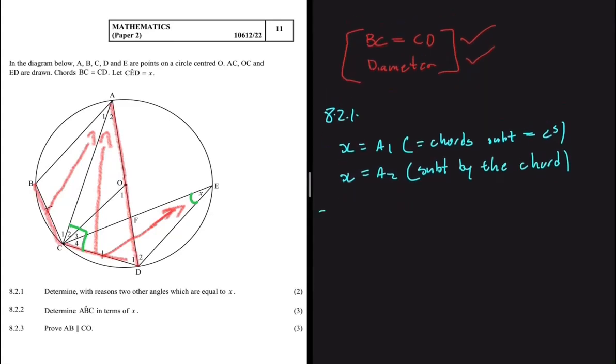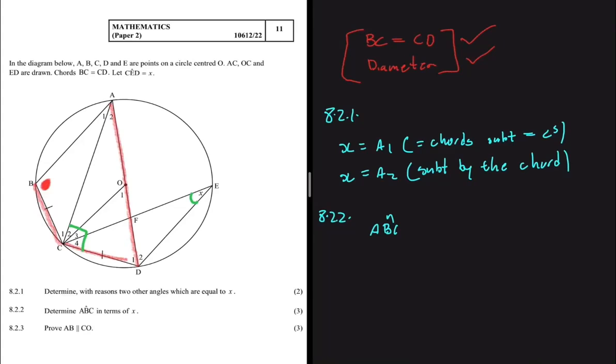We can now do 8.2.2. It says let's determine the size of angle ABC in terms of x. Let me clear these lines that I've drawn here so that we can have a bit of clarity. So we want the size of angle ABC. Again, we should be able to find it just sticking to the basics and the keywords we have.